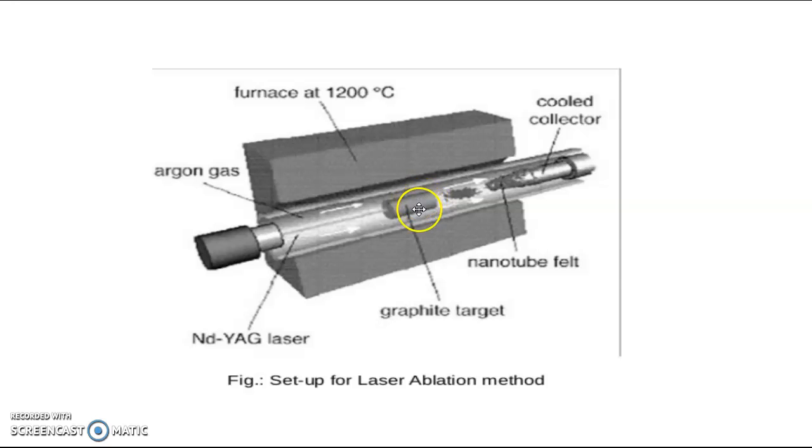From this, carbon nanotubes are produced. This is a laser, actually a crystal used to produce a laser, and these are the nanotubes produced due to this process, and these nanotubes are cooled and collected in a cooler edge. So this is the apparatus setup for the laser ablation method.